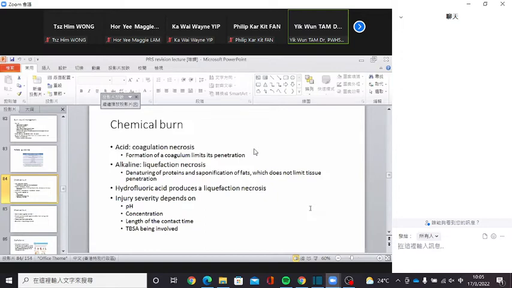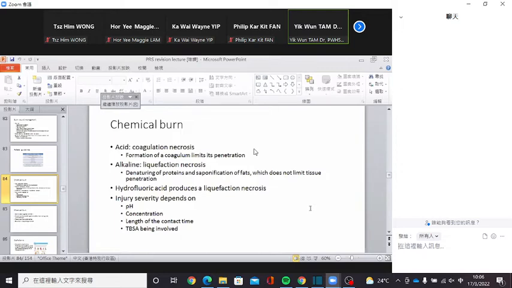So chemical burn. Chemicals could be classified into either acid or alkaline, and they have different mechanisms to cause the burn damage. For acid, they cause coagulation necrosis, and for alkaline, they cause liquefaction necrosis.